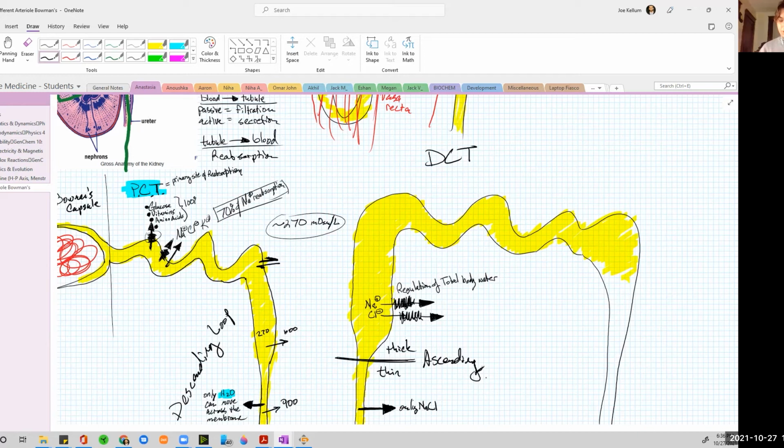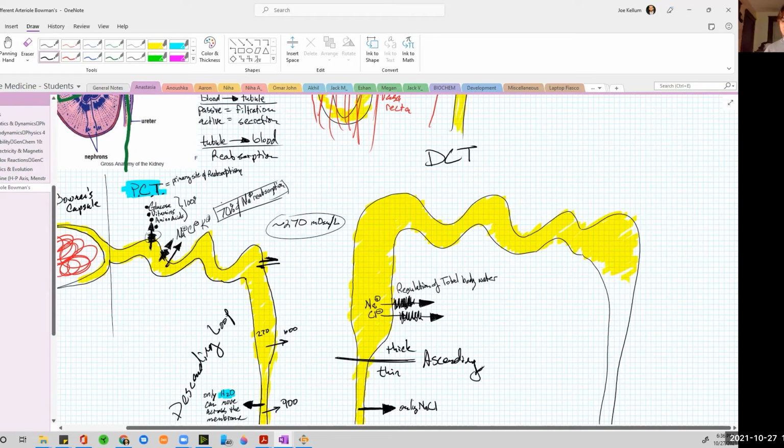This is the most sodium reabsorption, and also, not the secretion, or is it the secretion of aldosterone? Well, it's not secretion, but this is where aldosterone acts. Okay. This is the acting place of aldosterone.